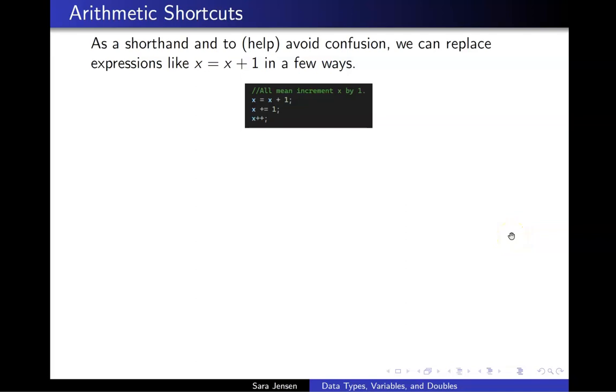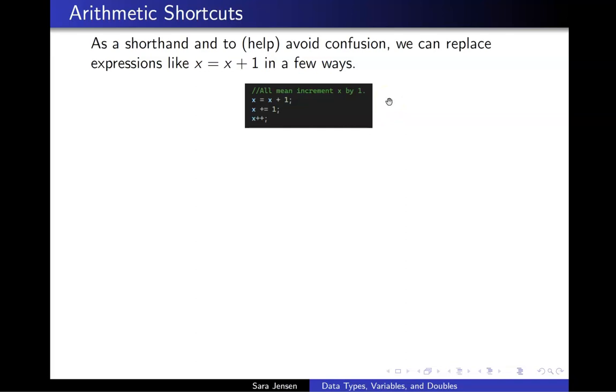This idea of taking a variable and adding 1 to it is so common in C++ that there are actually several shorthands to help with readability. The example we just saw with the variable named radius was radius is assigned a value of radius plus 1. That's a perfectly valid way to increment the value within radius by 1.